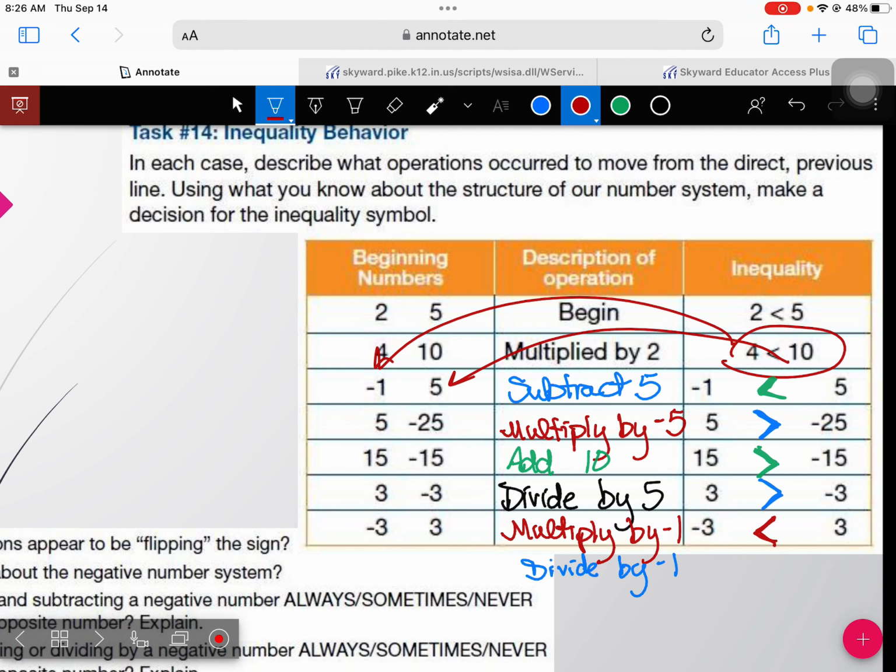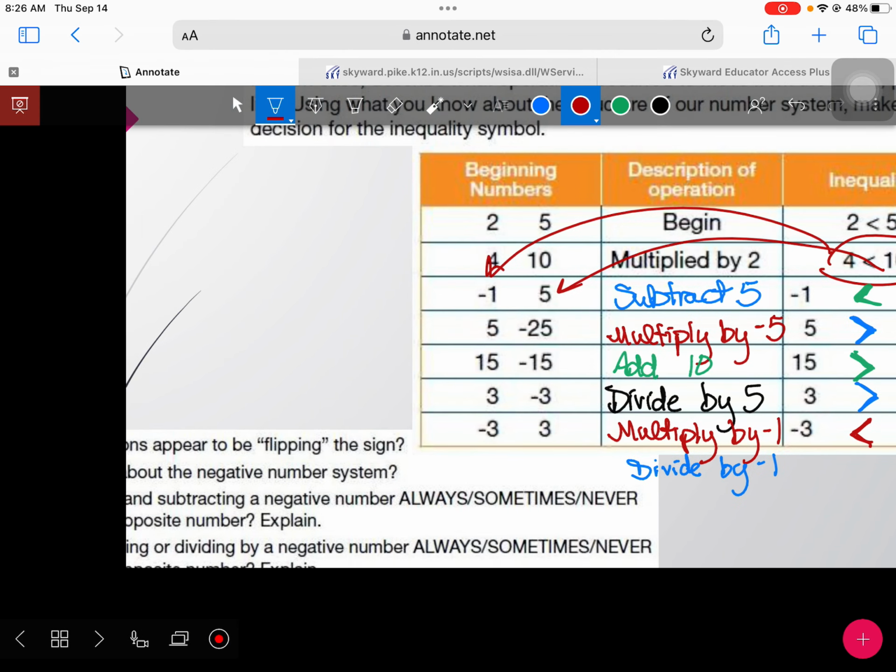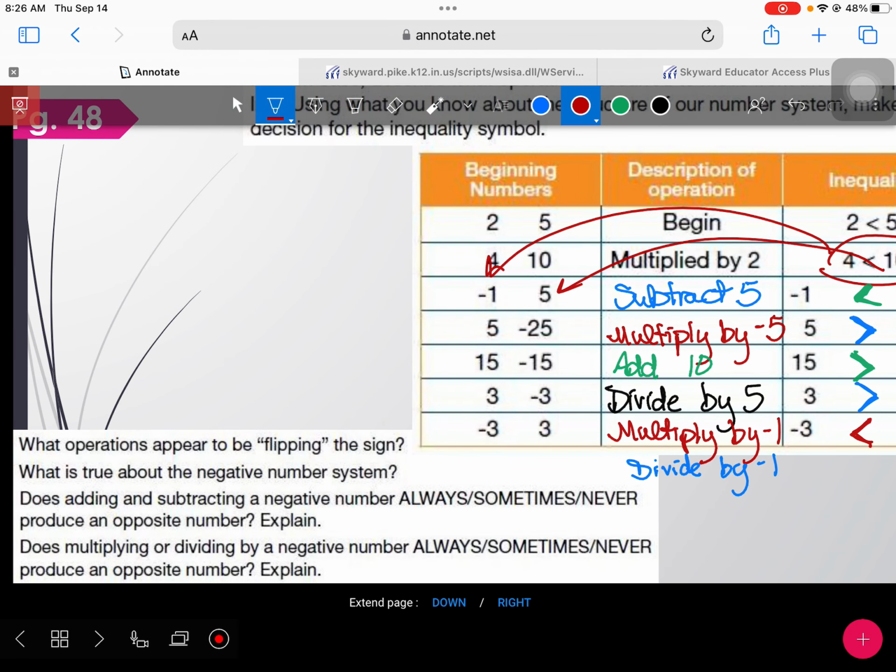So it seems at different times it just kind of changes, right? So the questions are, what operations appear to be flipping the sign? And yes, you probably already know this. Subtracting? Does subtracting change the inequality sign? Multiplication and by what? A negative.